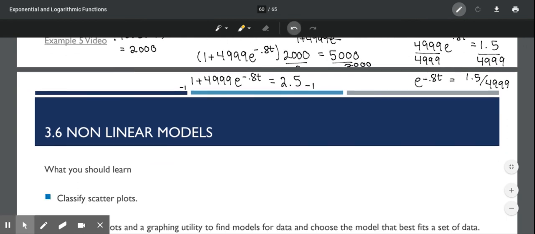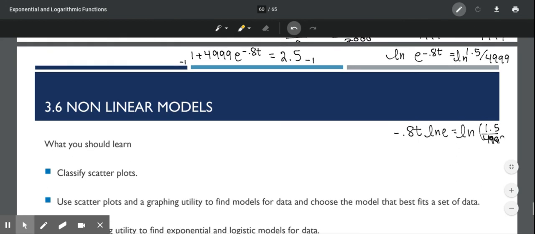So from here, I can take the natural log of both sides, which brings that negative 0.8 t down to the front. Natural log of e equals the natural log of 1.5 over 4,999. Right, that's just 1.